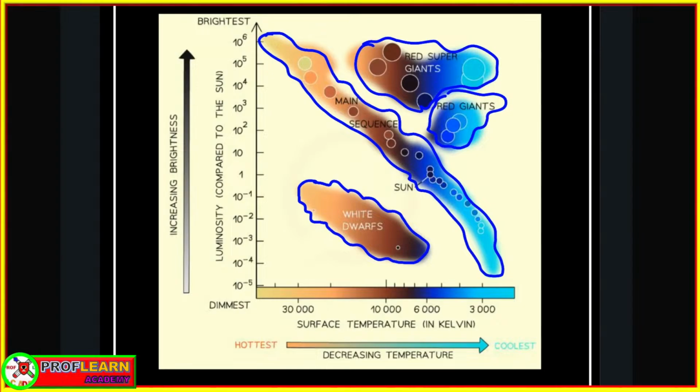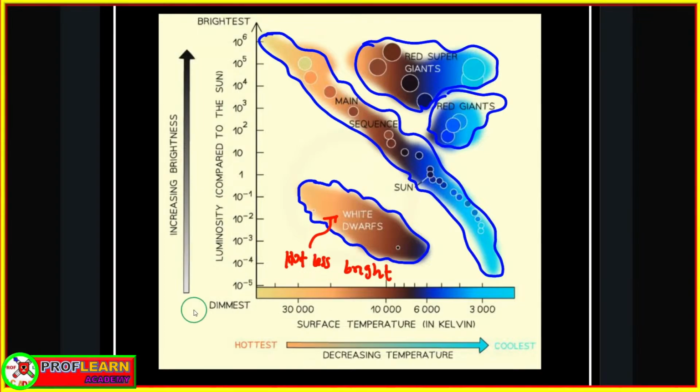Right, we need to identify that white dwarfs are very hot, but they are less bright because their luminosity is less. They are hot stars, but less bright because they are small in size.